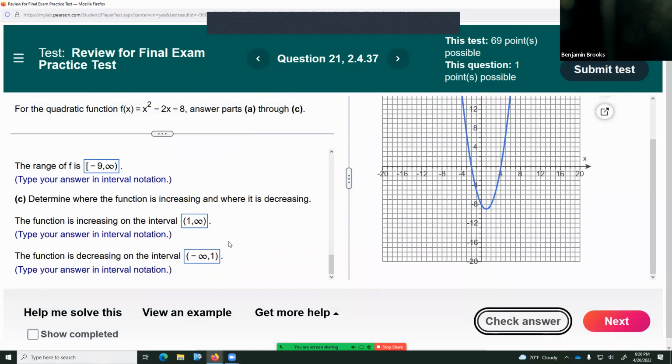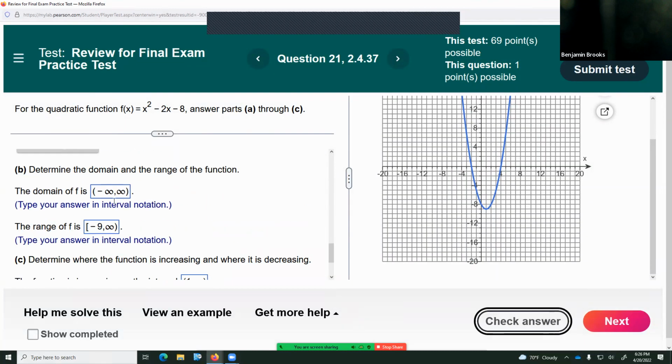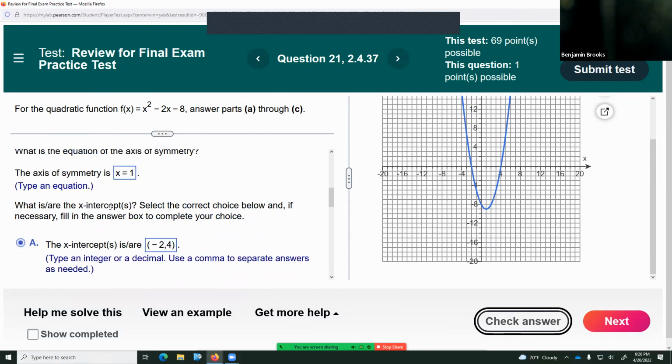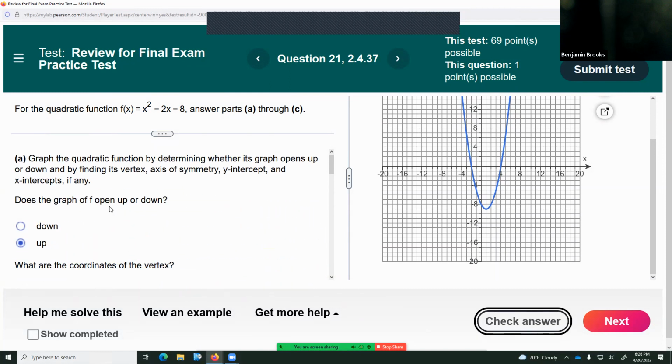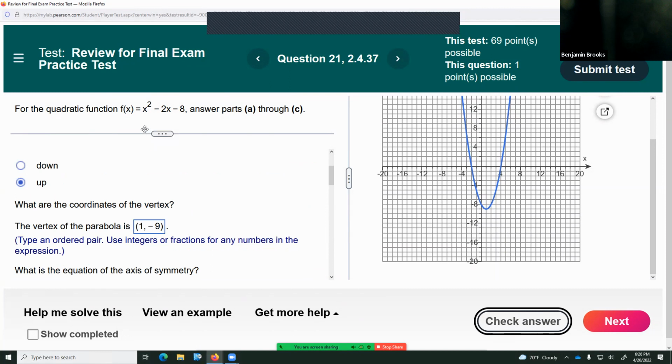What to do? Oh, no. Because 1 squared is 1, and then -2 is -1, -8 is -9.